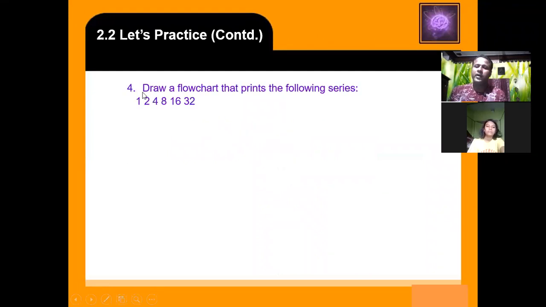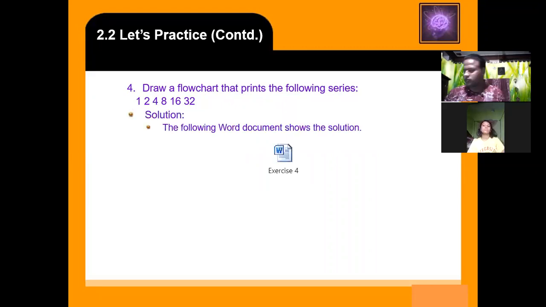So here, draw a flowchart that prints the following series: 1, 2, 4, 8, 16 and 32. Okay, so we have to go for the following series. So write the question.